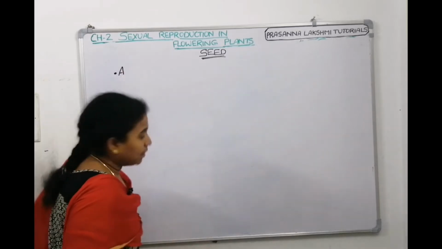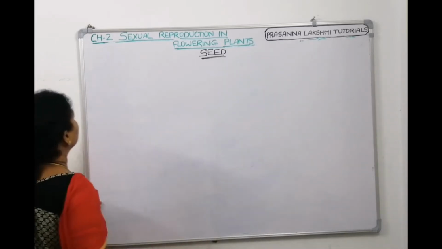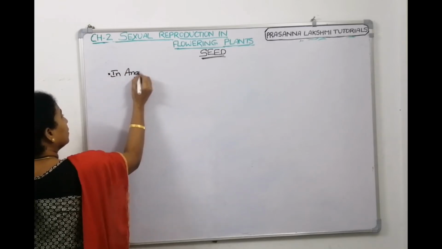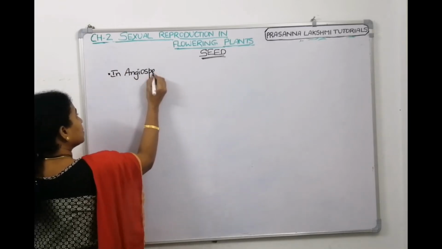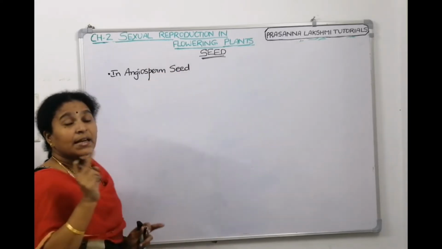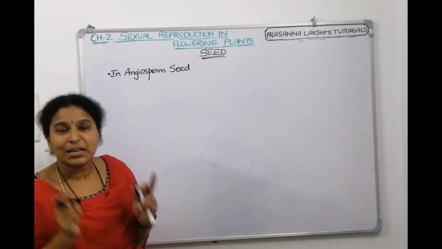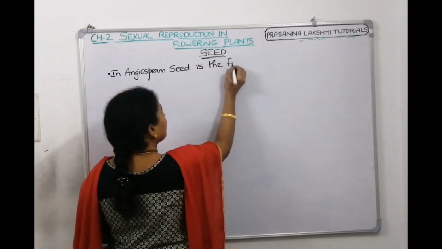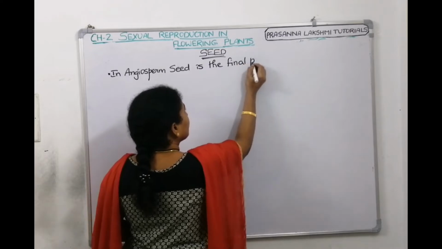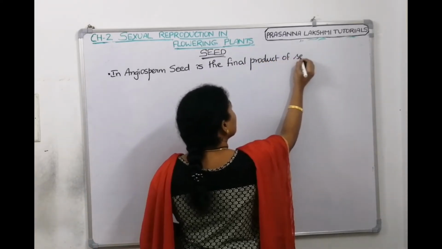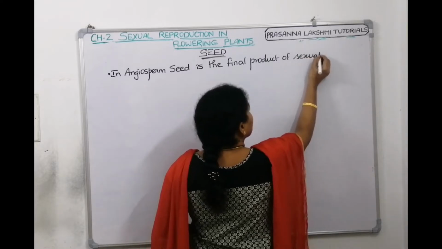So what is that? Tell me. In angiosperms, we will write like this: in angiosperms, seed. What is seed? It is the final product of sexual reproduction. Seed is the final product of which reproduction?